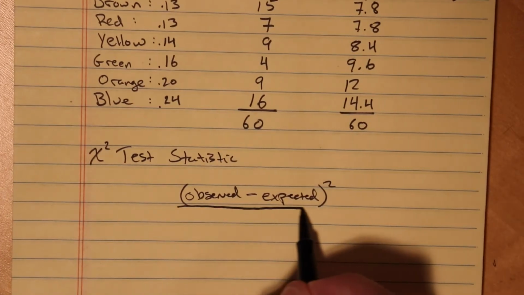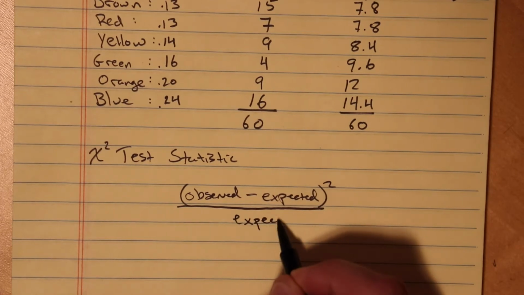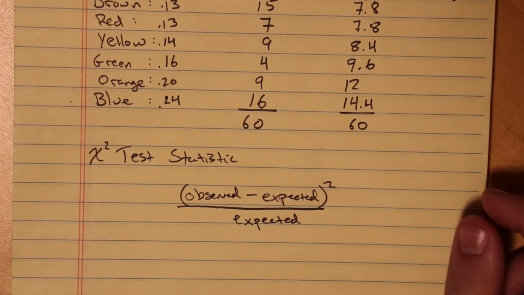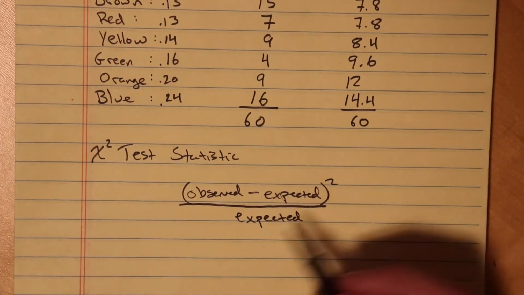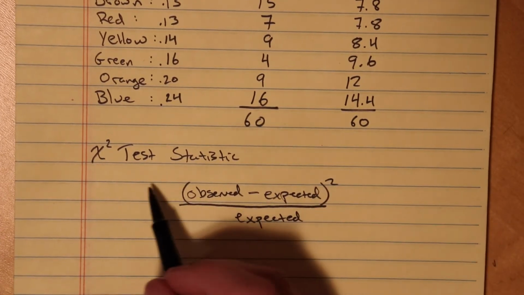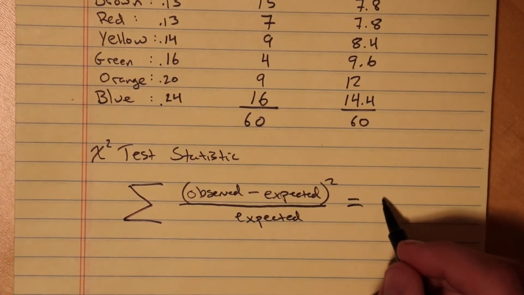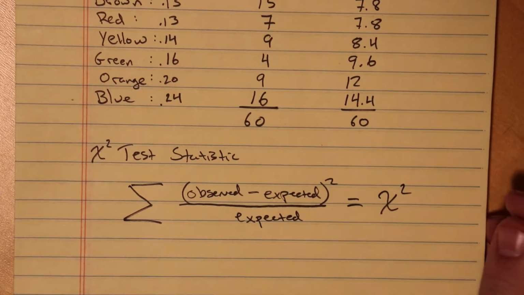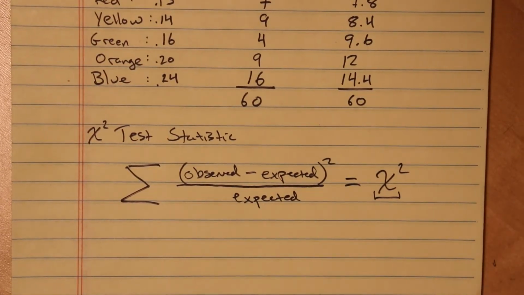Then we divide each of these squared differences by the expected. If there's time at the end of the video, I'd like to justify the reasoning behind this. It's kind of interesting. And then we take each of these calculations and simply add them all up. This gives you your chi-squared test statistic. Chi is actually the Greek letter for x, so they call it chi. We like to use Greek letters in statistics a lot.